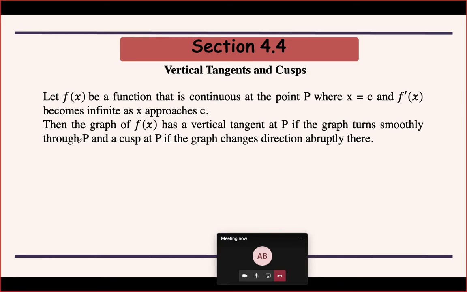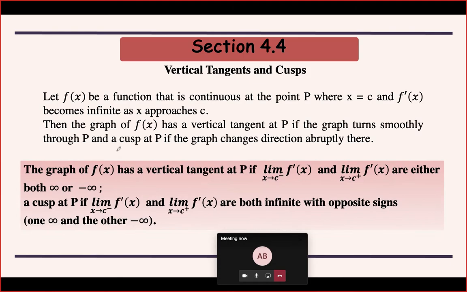It is not having any abrupt changes there, so it is turning smoothly, and it has a cusp if it changes direction abruptly there. If it doesn't change direction and is moving smoothly, then you say it has a vertical tangent, or if it abruptly changes, you say it has a cusp at that point. We'll see how you check that it is moving smoothly.